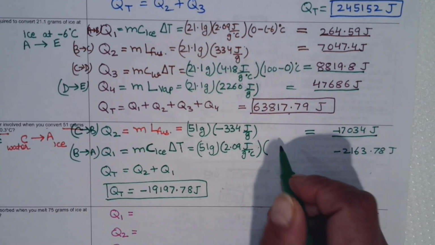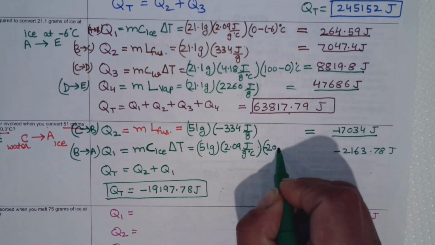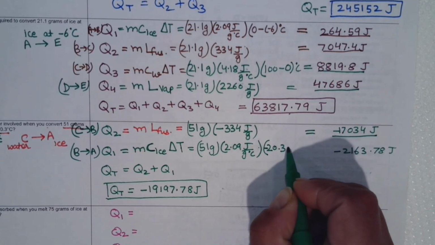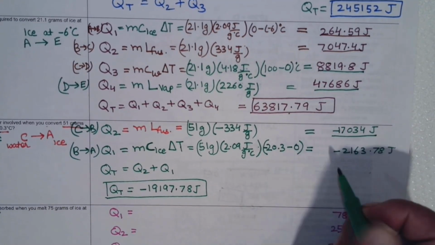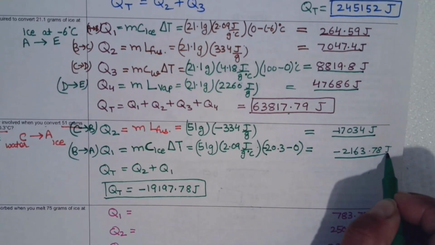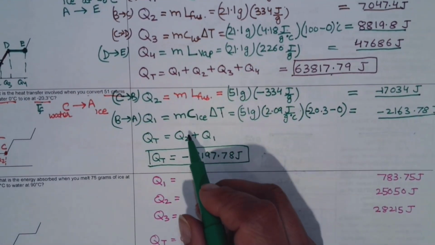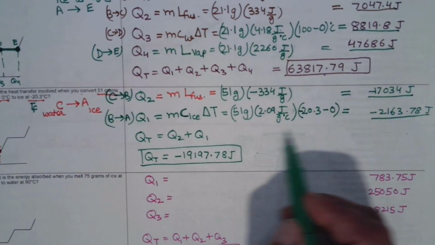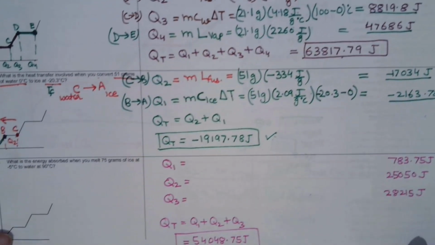So you will get final negative 20.3 minus 0. And when you solve that, you will get negative 2163.78. And then for Q total, you have to add Q1 and Q2 and you get your answer.